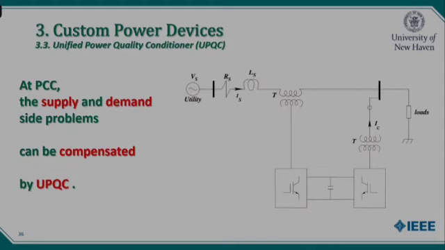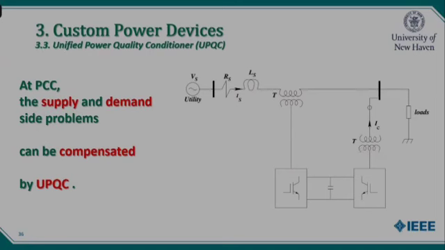It is possible to combine these two devices and have the third type of custom power devices, known as the Unified Power Quality Conditioner, UPQC. Again, on the right side of this slide, you can see the combination of the last two. At the same time, I can inject current, I_INVC, to the bus, and I can boost the voltage in series.